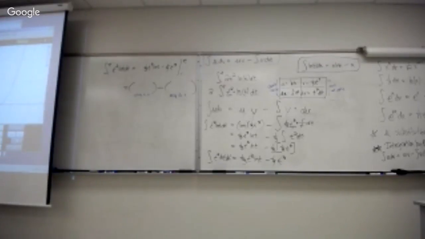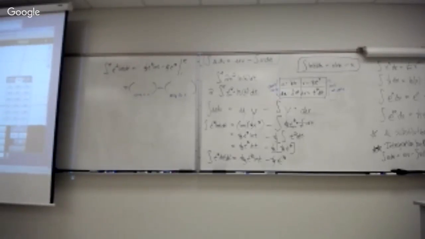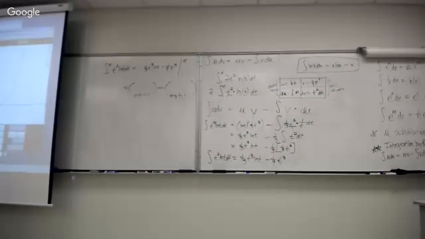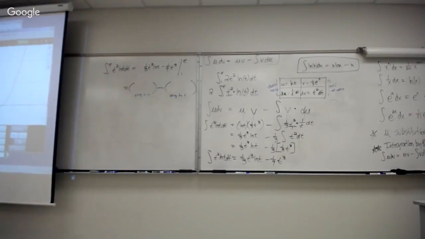Does anyone know how to make a table of values? Oh, a table. But now how do I make that? Maybe I can copy and paste the whole thing.